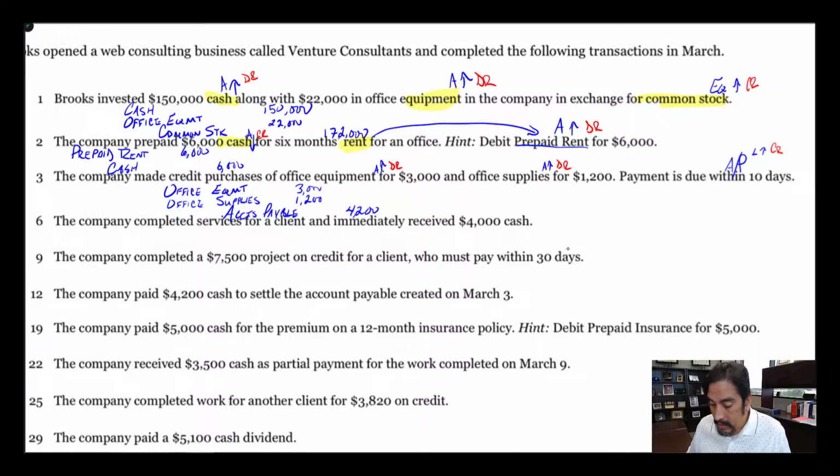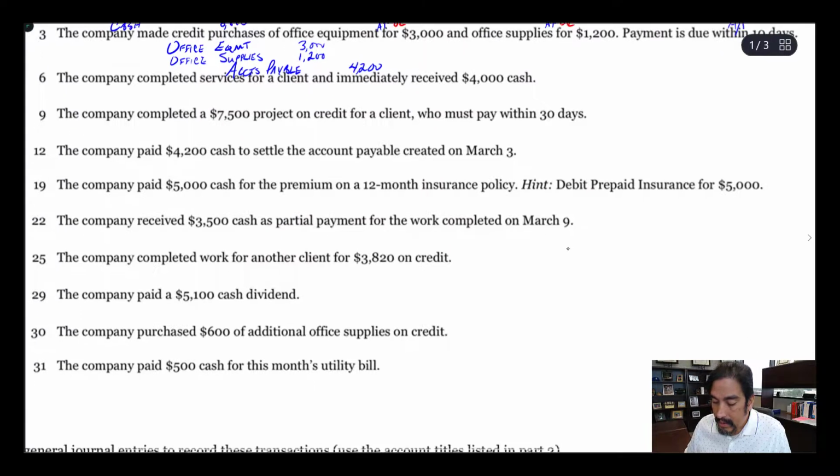Next, we completed services for a client and immediately received $4,000 cash. So we need to find our accounts. Cash. I always love when I see that in a sentence because I know that's going to be one of my accounts.